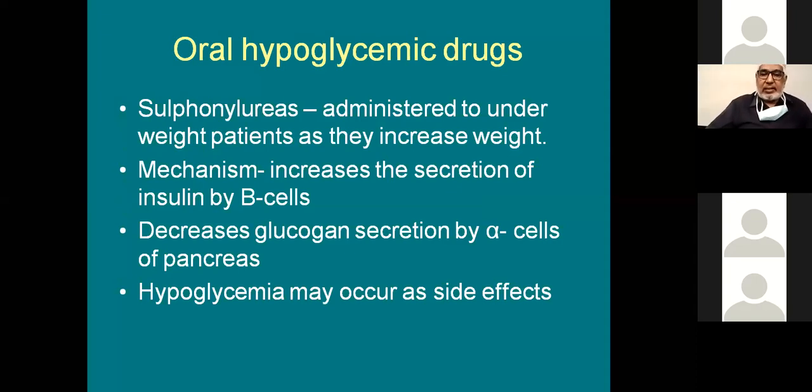Regarding oral hypoglycemic drugs, sulphonylureas are administered to underweight patients as they increase the weight, increase the secretion of insulin by the beta cells. अब इसमें ये oral hypoglycemic drugs में जैसे मैंने आपको बताया कि पहला जो ग्रुप है sulphonylurea का, वो क्या करता है? कैसे ये ब्लड शुगर रिड्यूस करता है sulphonylurea? उसके मैकेनिज्म को अगर आप देखें, इंक्रीज द सीक्रेशन ऑफ इंसुलिन बाय द बीटा सेल्स. अब बीटा सेल्स नॉर्मली सीक्रेट तो कर रहे हैं इंसुलिन, लेकिन कम कर रहे हैं. तो ये क्या करते हैं?